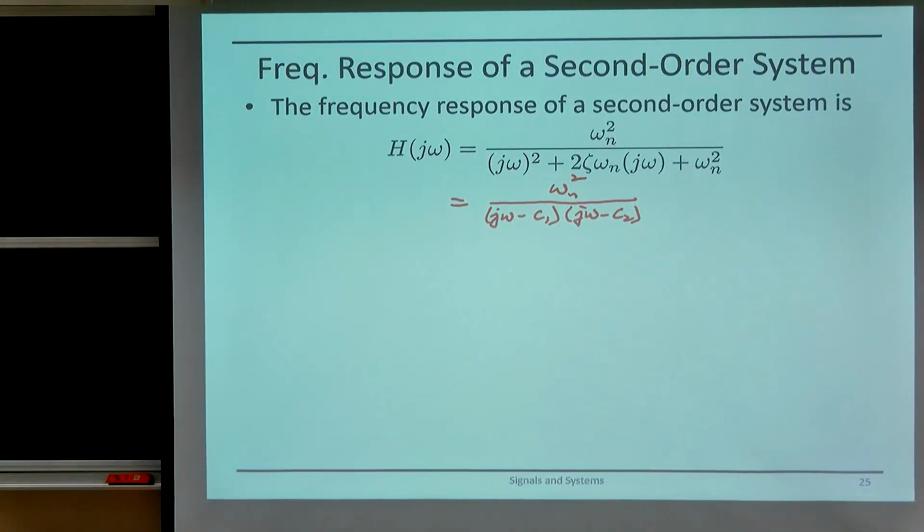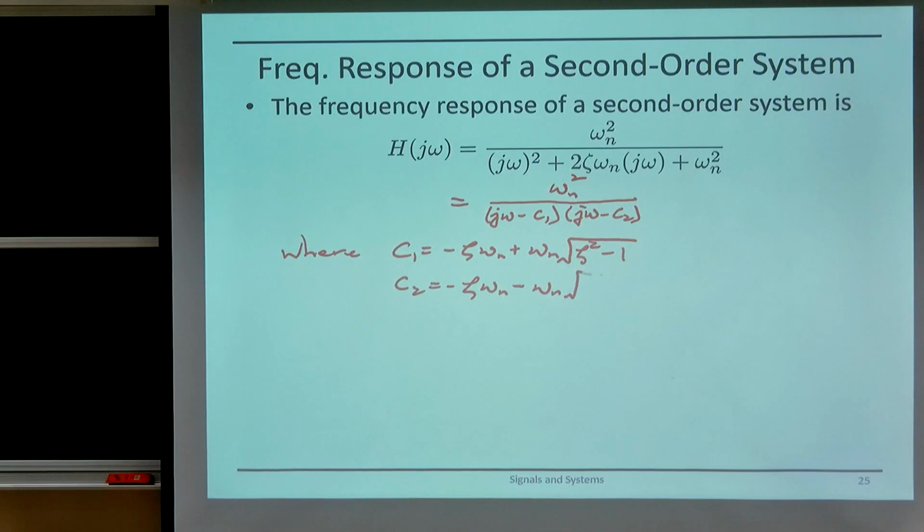Here, c1 is minus zeta omega n plus omega n square root zeta squared minus 1, and c2 is minus zeta omega n minus omega n square root zeta squared minus 1.